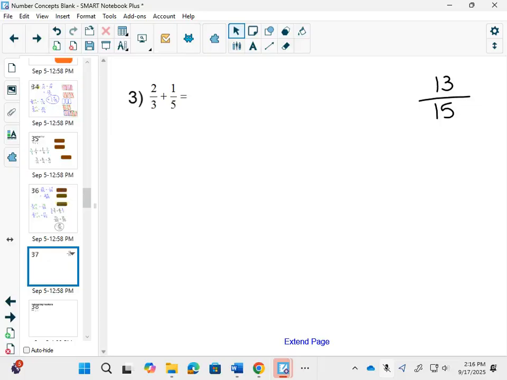You need to show me the work that you got that. So you can't just write down the answer. That's no work. You have to show that you got that. Lucky number 13.